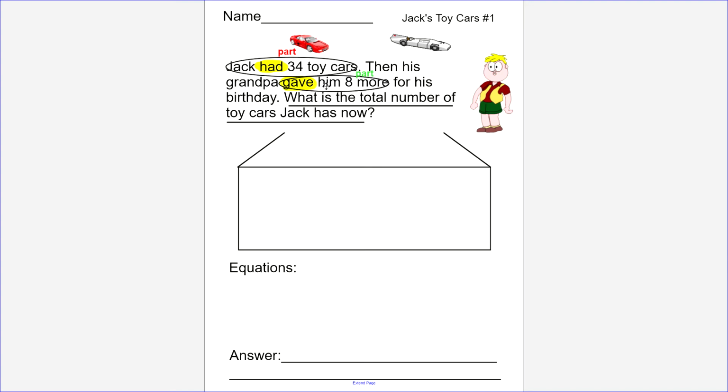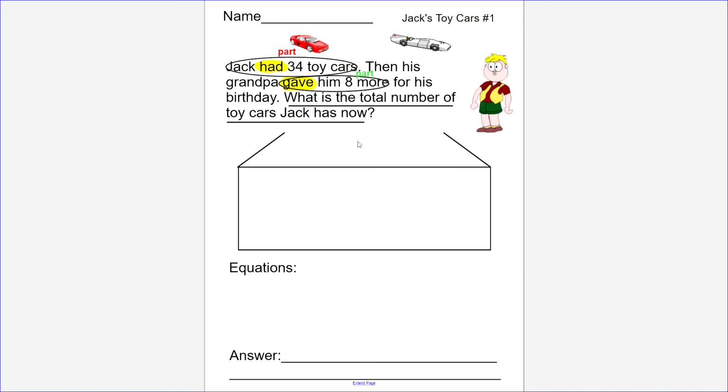If both pieces of information are the part, that probably means that the question is asking about my whole. But let's go ahead and look at the question and see if there are any keywords that help us know that it is in fact asking us to find the whole. The question says, what is the total number of toy cars Jack has now?